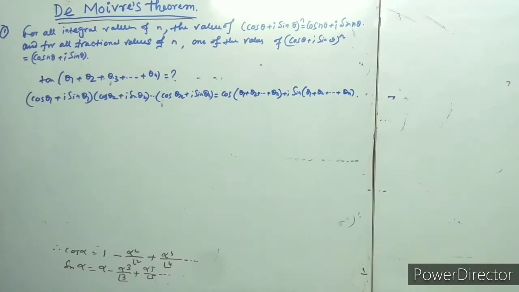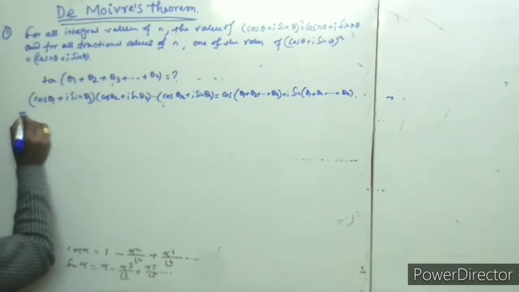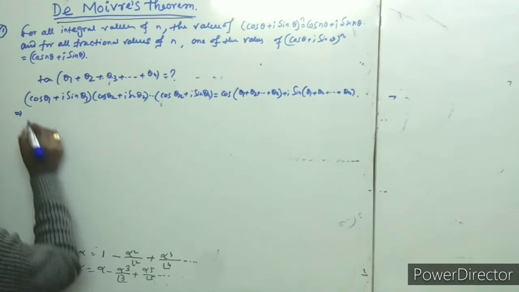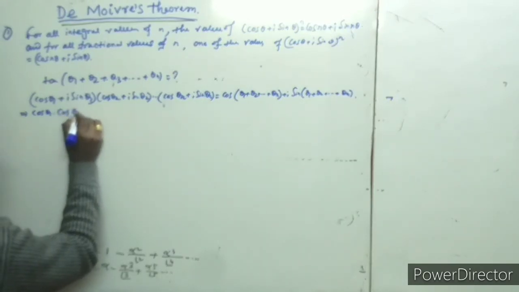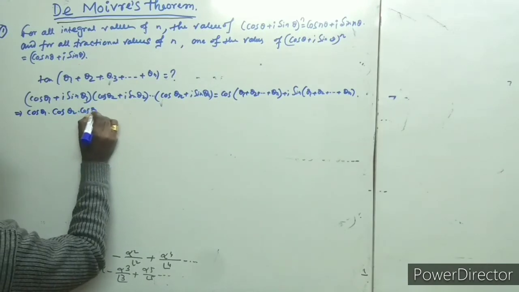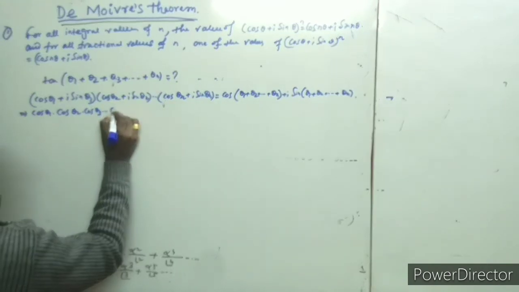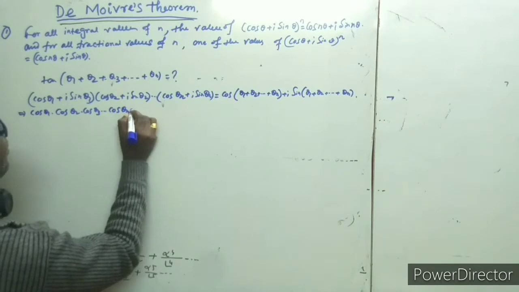On the right hand side, take a common each of the factor as cos theta 1, cos theta 2, like that. Take a common cos theta 2, cos theta 3, and dot dot cos theta n.